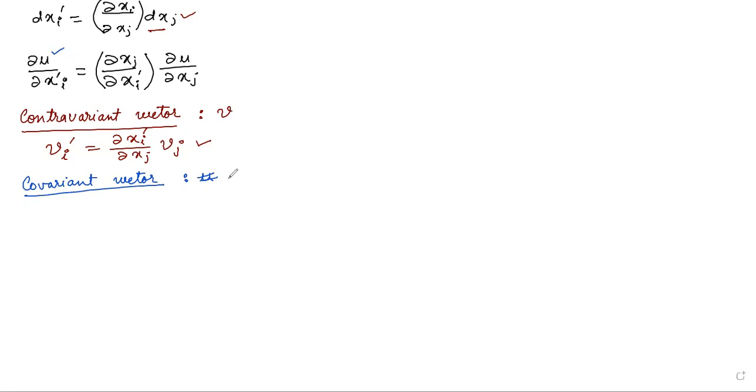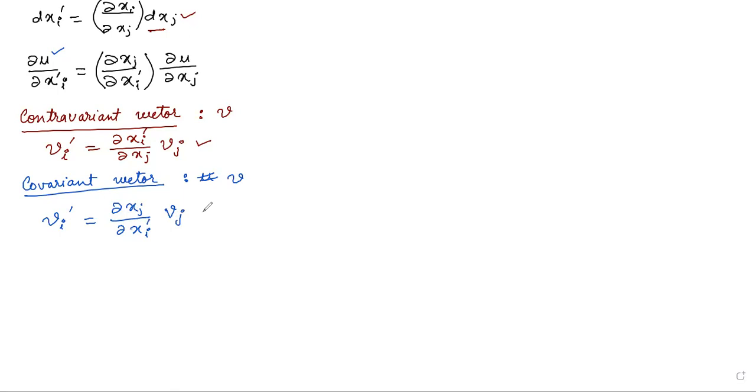So let me still use v, no problem. If v is a covariant vector, then the components of this covariant vector transform according to this rule. That is, v_i prime is equal to ∂x_j by ∂x_i prime v_j.